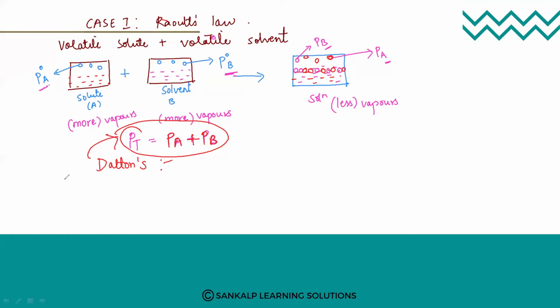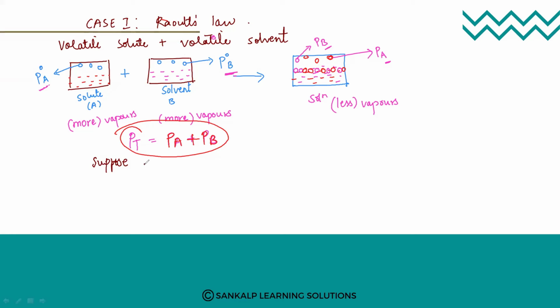Now, suppose you can take any condition, but here I am taking a condition here. Just a second. Okay. So suppose either of these. So here PA and PB are there. So both are volatile.